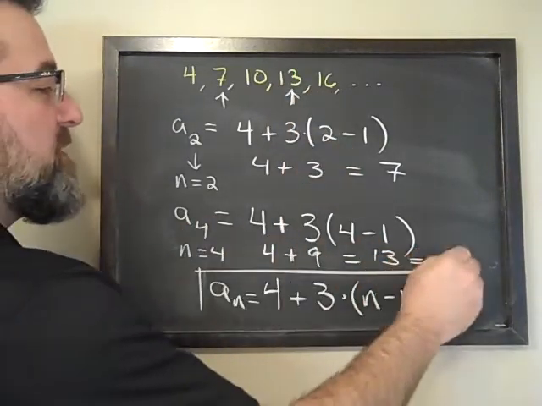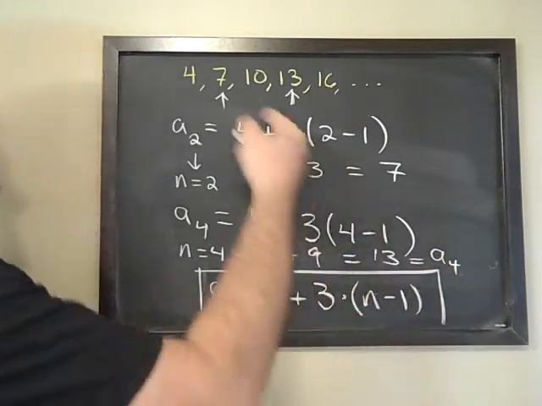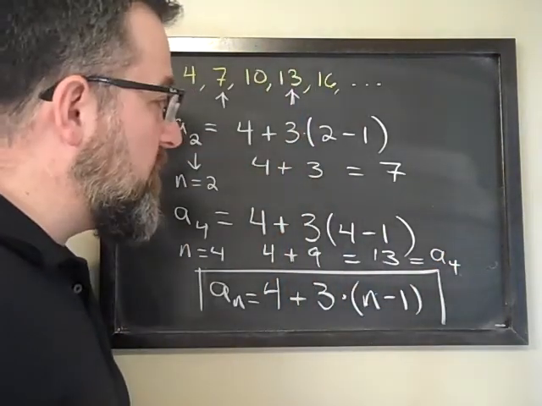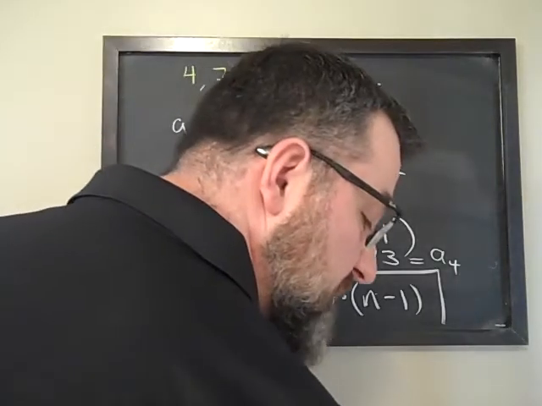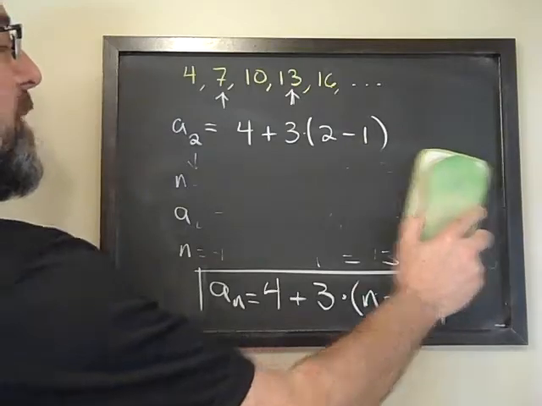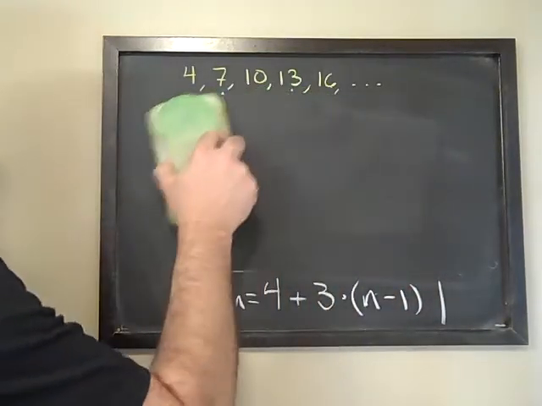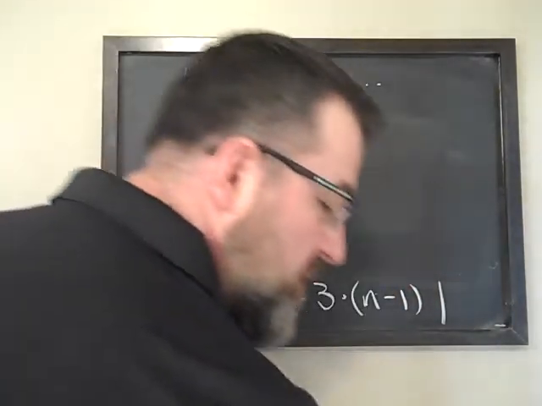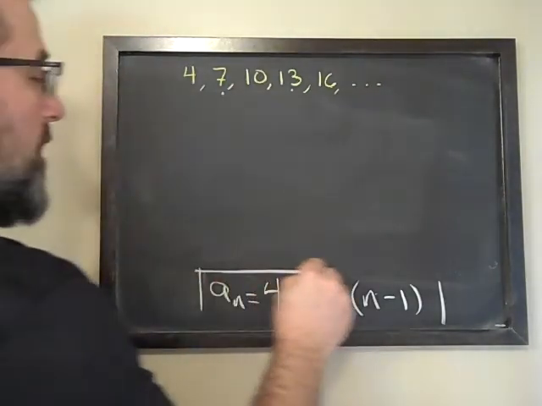So this is telling us a sub 4 is 13, which we're not shocked by. We knew it was that. And that's basically how you look at what's behind writing the formula for the sequence.